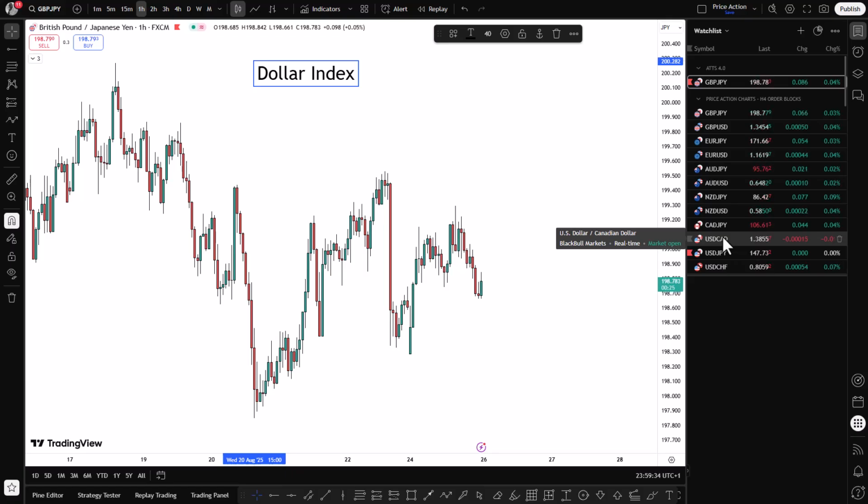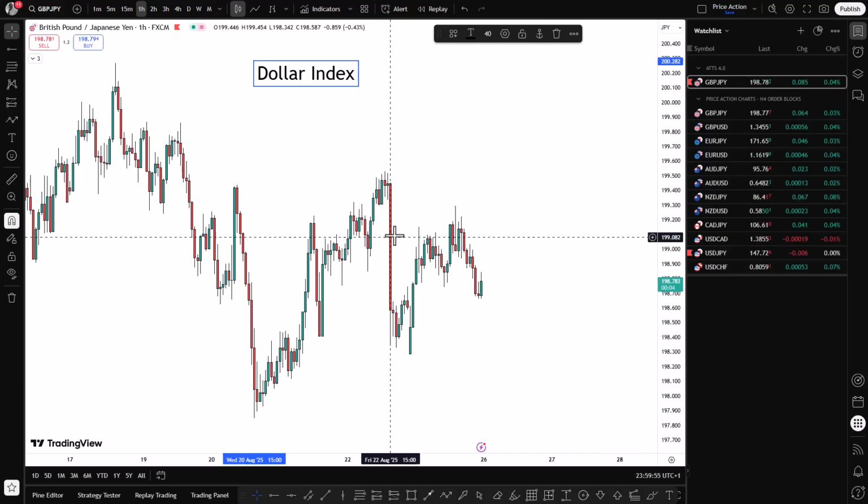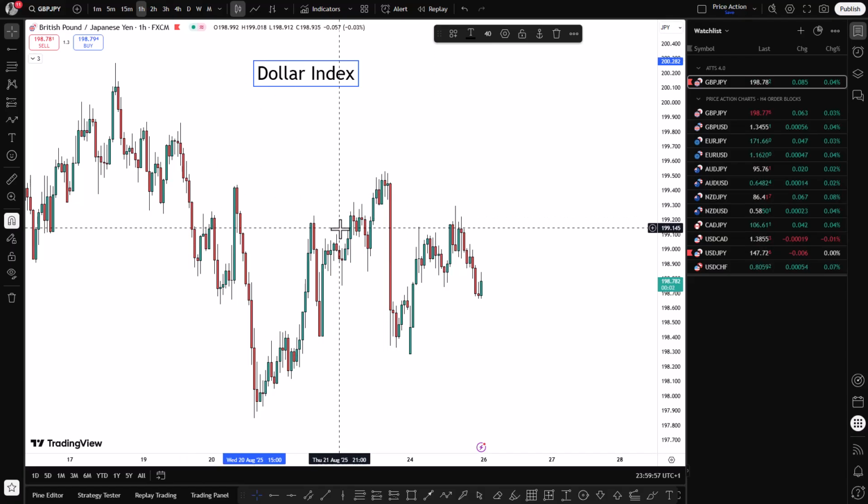So what does this have to do with anything? Well, the way the dollar index is measured is these currency pairs are going to be taken, and then they are going to be put in a basket. You don't need to do all of this on your own, crunching the numbers and all of that. I'm going to show you how to see this thing, just like you can see a regular chart, and just how to decode it.